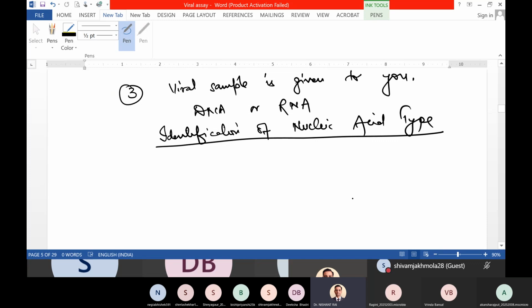Now it is open to all. Just guess what can we do, not specifically, but what will be the idea for doing this experiment? How will you identify whether it is a DNA containing or RNA containing virus?